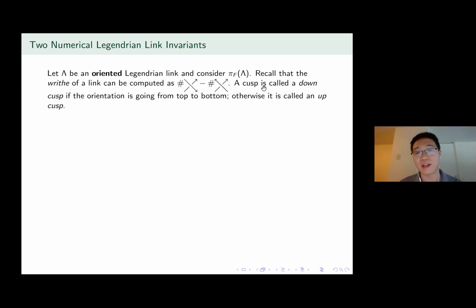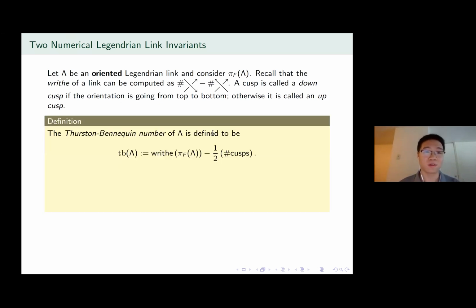Okay, and then we also call a cusp a down cusp if it's pointing down. So if it's going this way or this way, that's a down cusp. And on the other hand, if it's going up, then it's called an up cusp. Okay, so the Thurston-Bennequin number is equal to the writhe of the link minus half of the number of cusps.